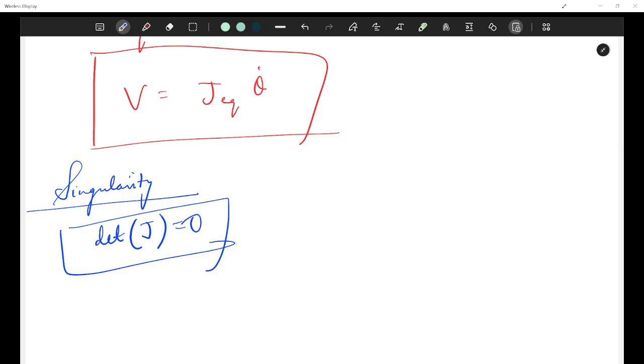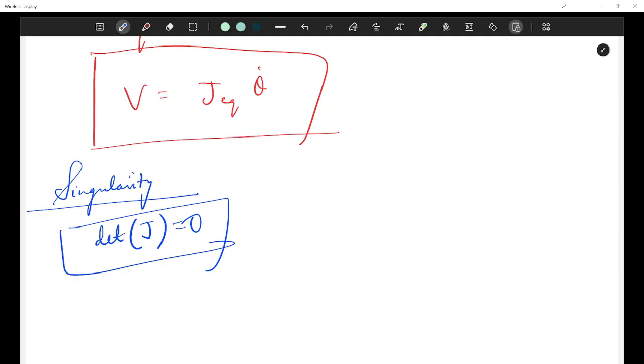Now, let's understand singularity with the help of an example. All of you can do one thing. If you stretch your arm completely, your arm is a 2R planar manipulator, right? Just think that your shoulder joint is fixed and you have a 2R manipulator, and then you stretch your arm completely.